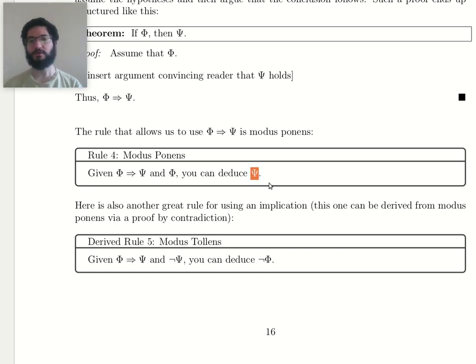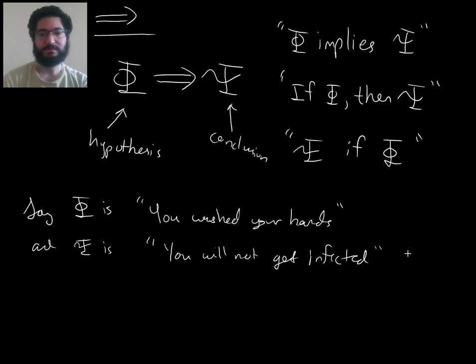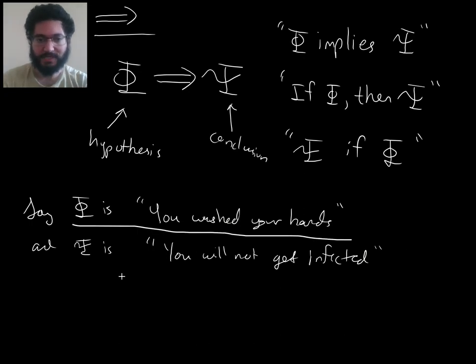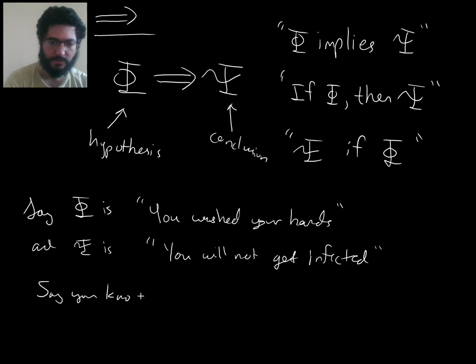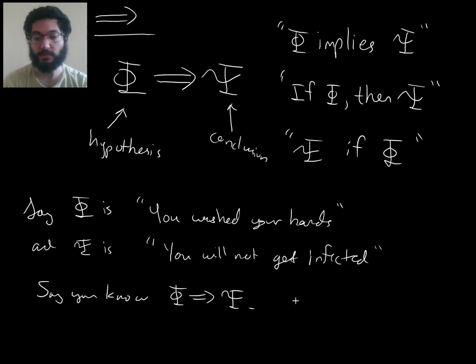Let me give you a more carefully constructed example. So let's say phi is you washed your hands and psi is you will not get infected. Say you know for a fact that phi implies psi, meaning if you washed your hands, then you will not get infected.